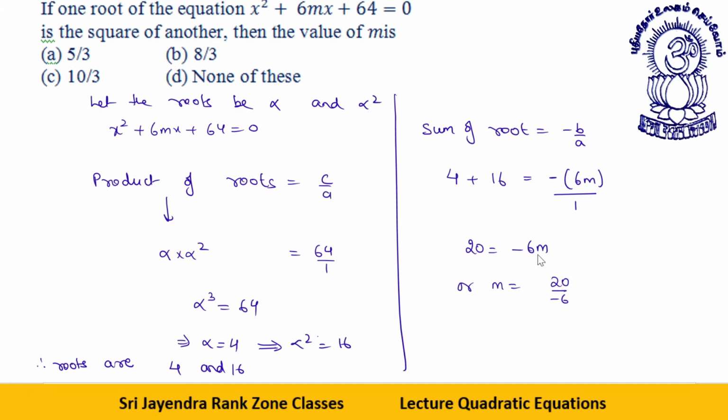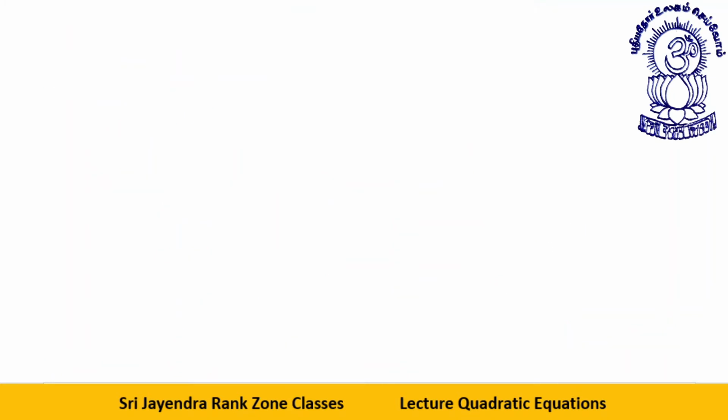If I am not making any mistake, this is the answer, that is minus 10 by 3. Option number D is the answer. Okay, the sum of the roots is 20, minus b by a, this is minus 6 by 1. So m comes out to be minus 20 by 6 or minus 10 by 3. That is option number D is the answer.